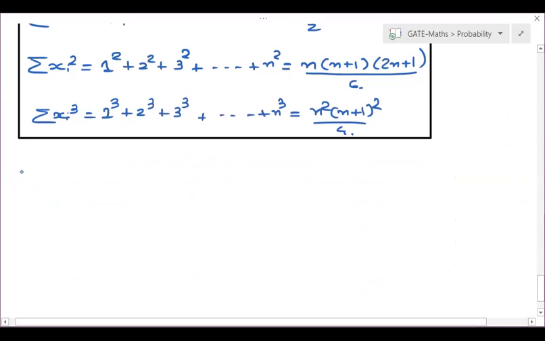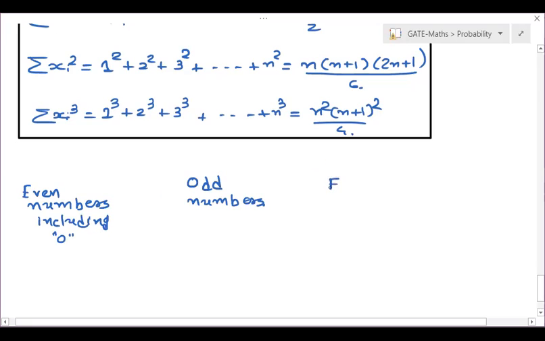See here, sum of first n odd numbers is n square, and sum of first n even numbers, or even natural numbers including 0 and excluding 0. I think I have given you this when we were seeing aptitude, but let us remember this once again. So if we are having odd numbers, even numbers including 0, and even numbers excluding 0.